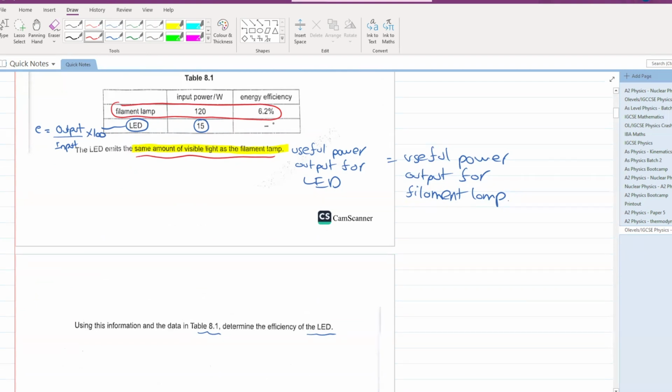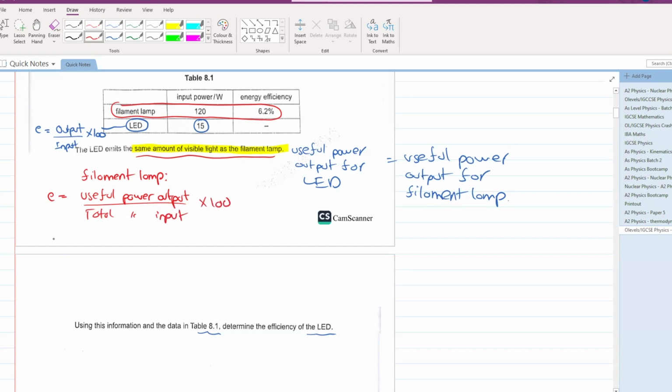First of all, let's write the heading here, filament lamp, and do the working for the filament lamp. For a filament lamp, the efficiency is equal to useful power output divided by total power input, multiplied by 100.